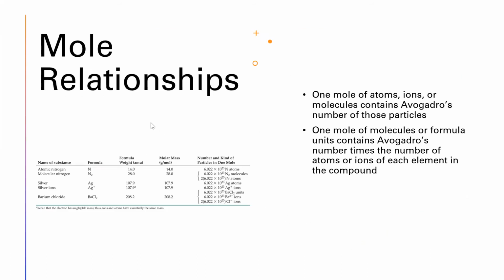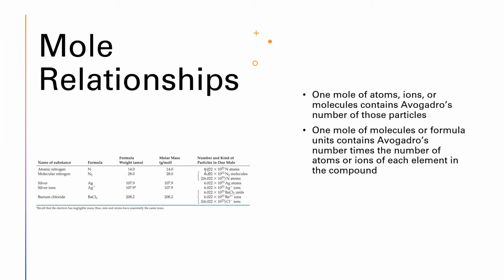This is the relationship between mole and then molar mass and number of molecules. For example, for atomic nitrogen, the formula is N, and the formula weight is 14 with molar mass 14 gram per mole.